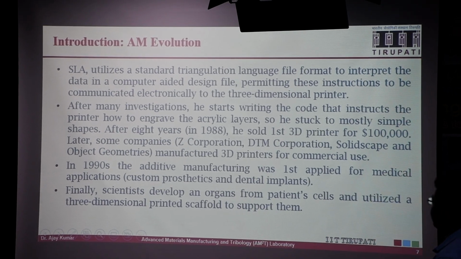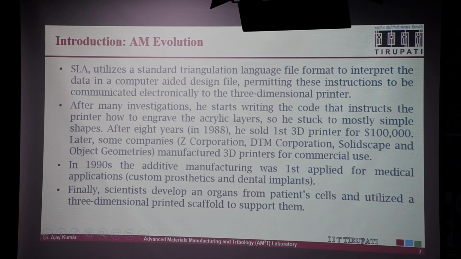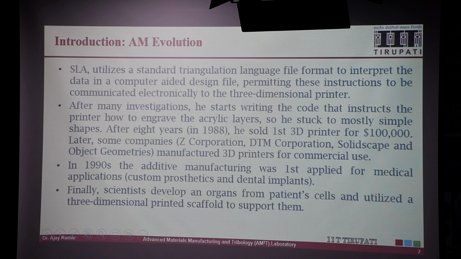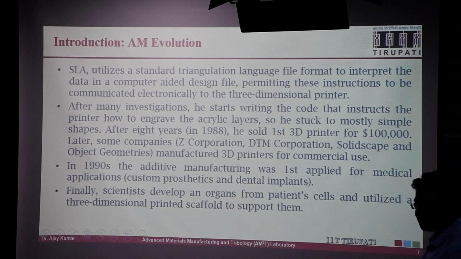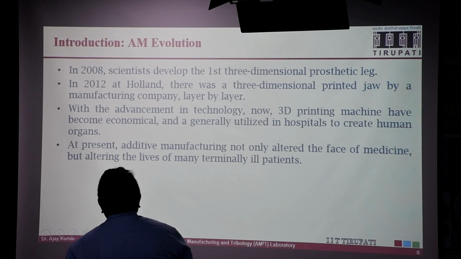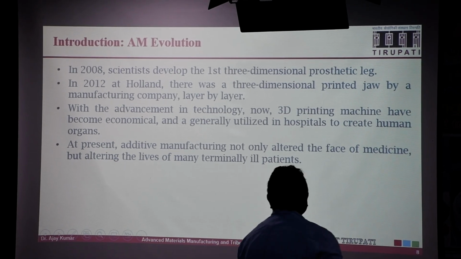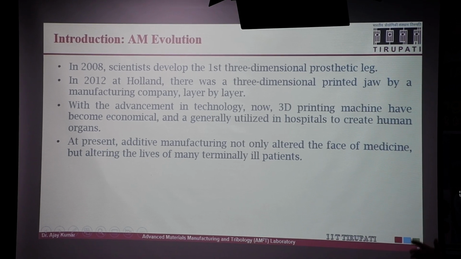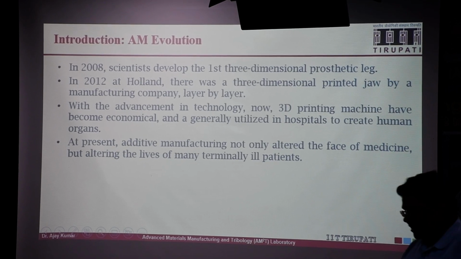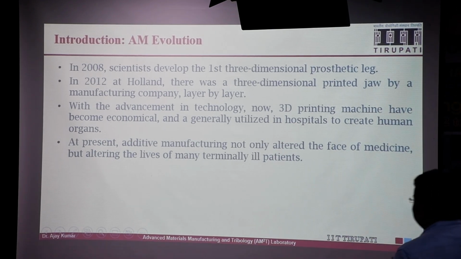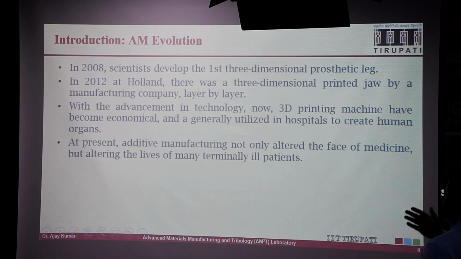People have developed a lot of organs from patient cells and utilized a 3D printed scaffold to support them. In 2012 there was a 3D printed jaw by a manufacturing company, layer by layer. So you can see 1980s, then 1988, then 2008, then 2012.